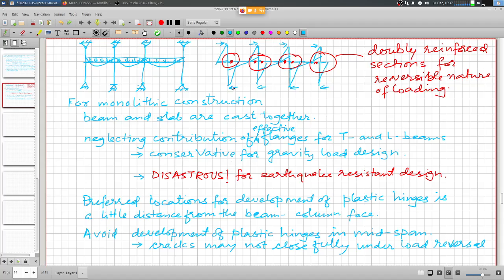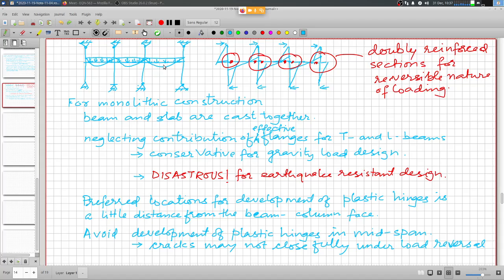So if the hinge forms somewhere, it is to be avoided, but sometimes the situation is such that you cannot avoid development of a plastic hinge here. So the point is, because of this large positive moment here, by the effect of load reversal, you may not see any change in the curvature at this location.